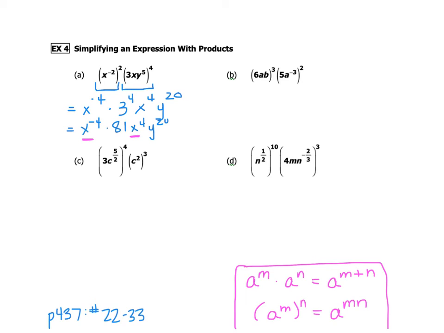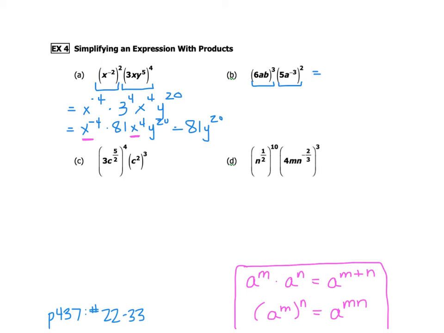When I add those exponents, x to the negative 4 plus 4 power, which is x to the 0th power, and anything to the 0 power equals 1. So that is just strictly gone, and all we're left with here is 81 y to the 20th power. So let's go ahead and do example B.